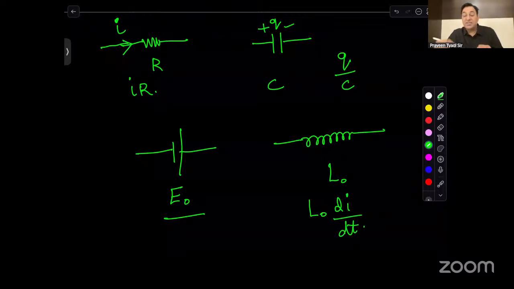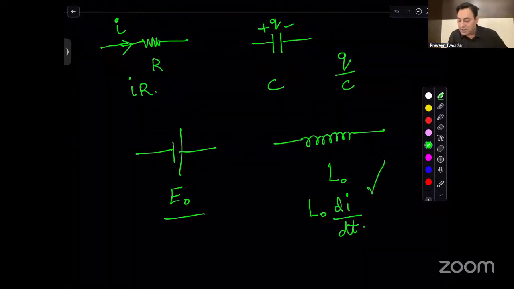Where the current is changing, if the current changes, inductance will play an important role, and there will be a magnetic field. Changing electric field produces magnetic field. Changing magnetic field produces electric field.